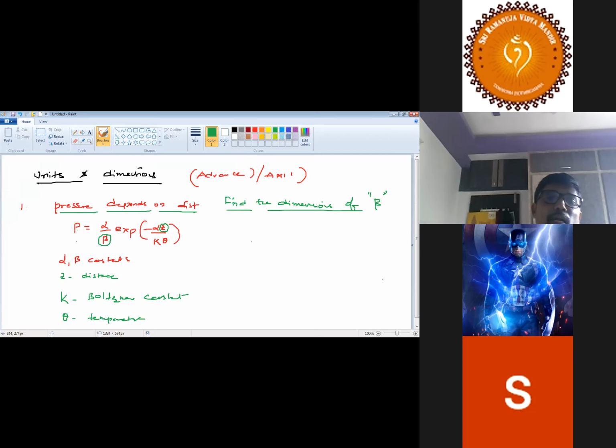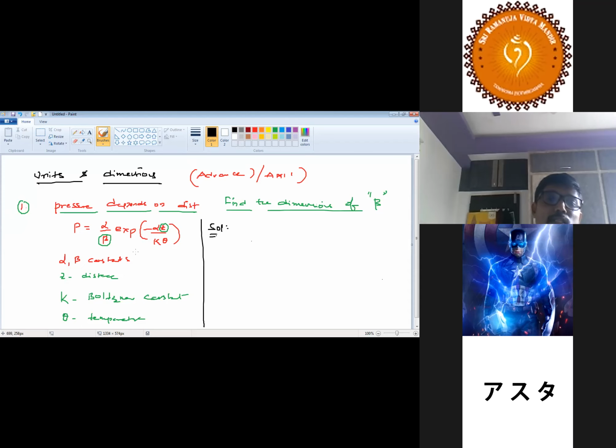The capital P is the pressure and Z is the distance. We have to find the dimensions of beta. Any idea? Anyone?